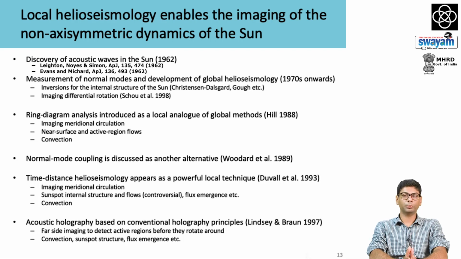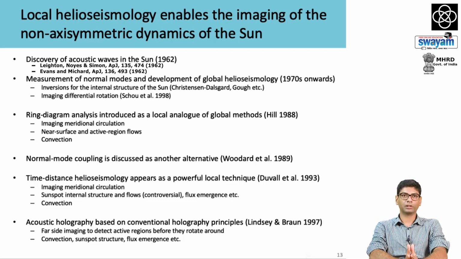So the first major technical development happened with the measurement of normal modes and the development of these theoretical techniques known as global helioseismology, which enabled the measurement of internal structure and differential rotation of the sun, which I've just described.